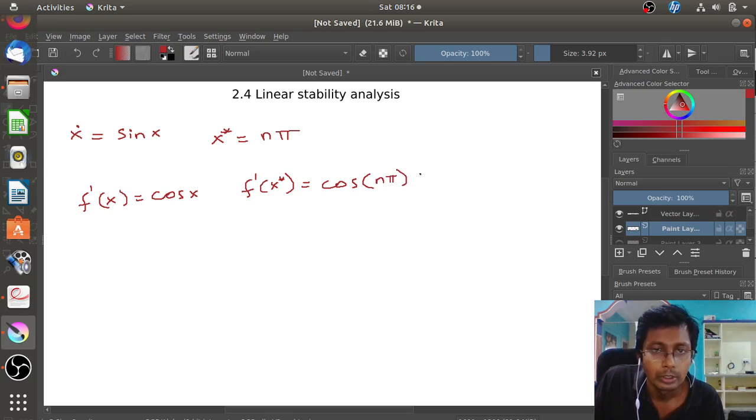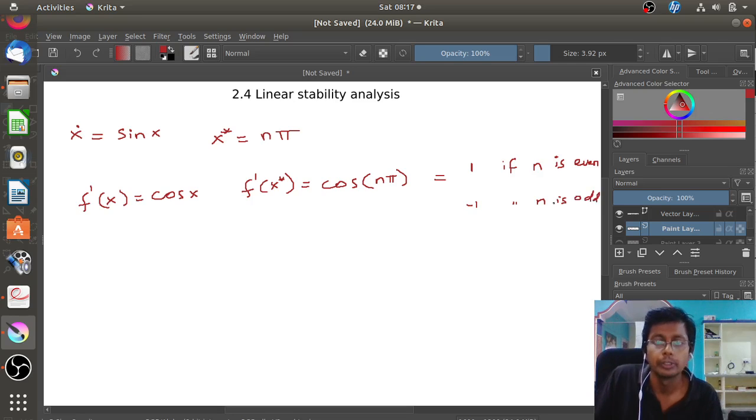And this will be equal to 1 if n is even, and equal to -1 if n is odd. So when n is odd, it's -1.